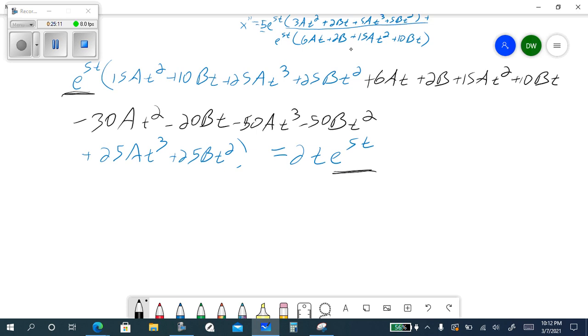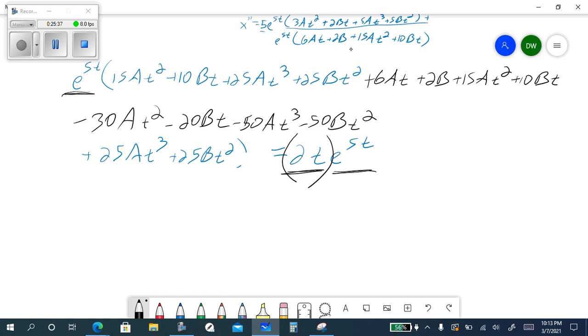We have an e to the 5t there. Our coefficient of t is 2. And then we have no t squareds, no t cubes, and no constants. If we think about e to the 5t being pulled out to the front, here it's on the right side, but on the left side it's to the front.